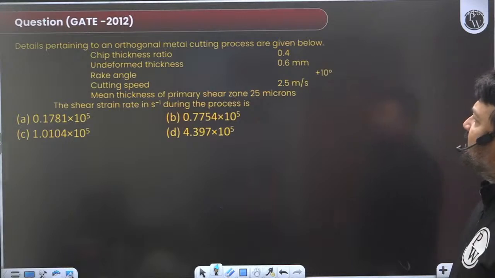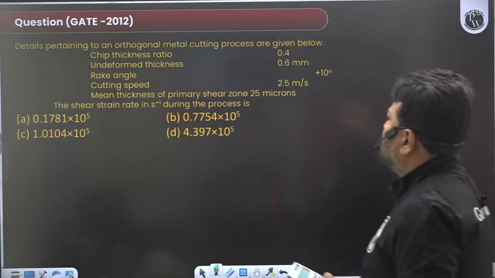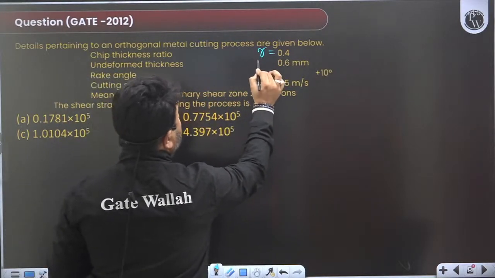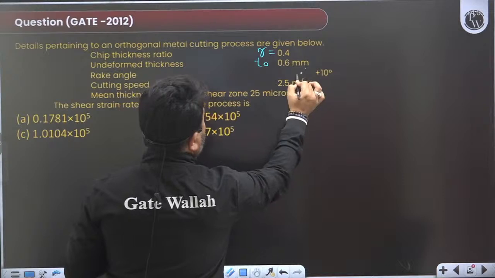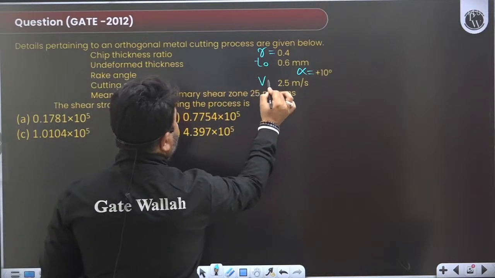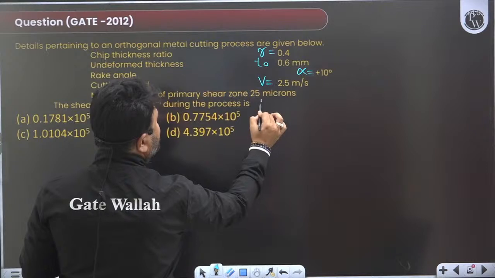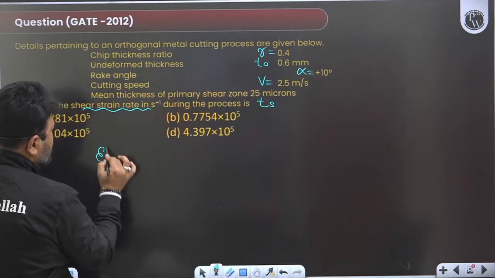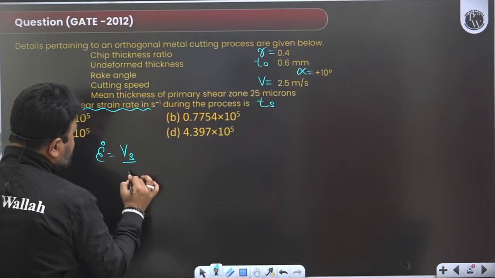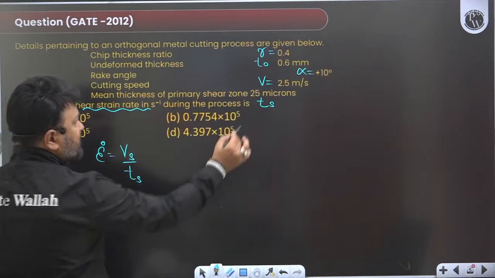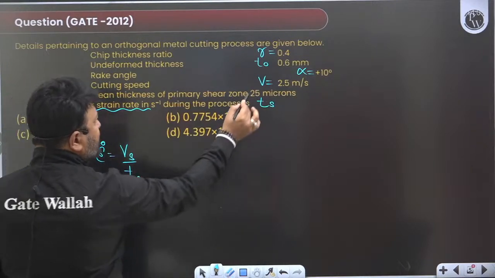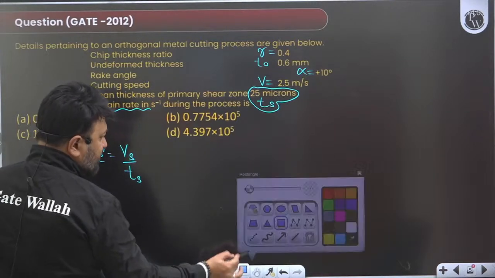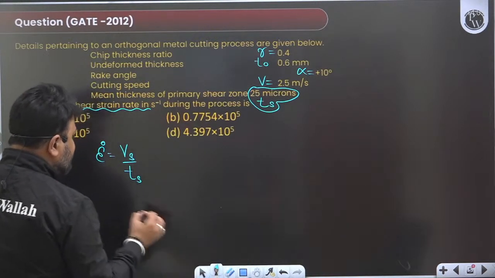Details pertaining to an orthogonal metal cutting are given: chip thickness ratio r, undeformed thickness t0, rake angle alpha, cutting speed, and mean thickness of the shear zone. Shear strain rate is shear velocity divided by thickness of shear zone. The thickness of shear zone is given, that is 25 microns. But we don't have the shear velocity, and for the shear velocity we need the shear angle also.